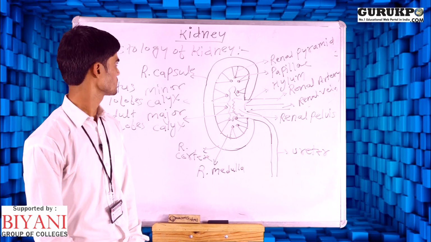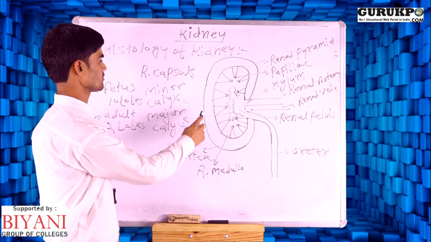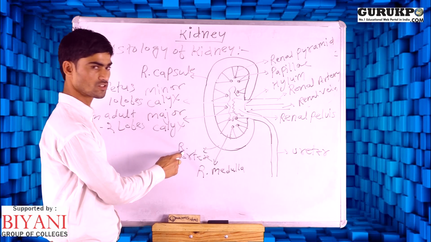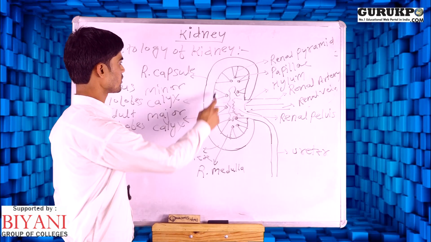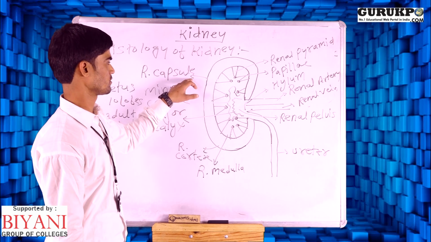Now we will discuss the histology of the kidney. Here you can see the diagram. There are two parts of the kidney. Outer part is called renal cortex and inner part is renal medulla. The outer covering of the kidney is called renal capsule.